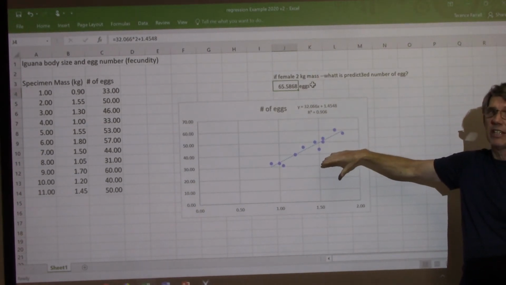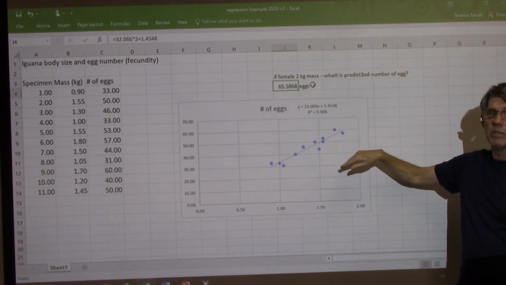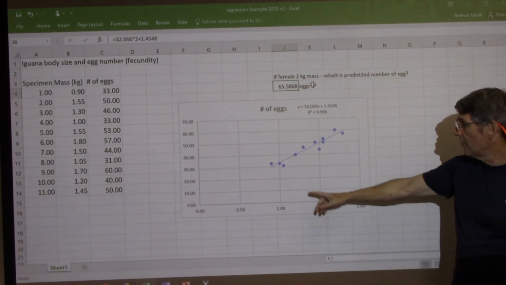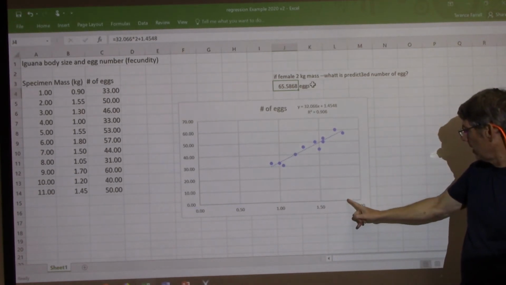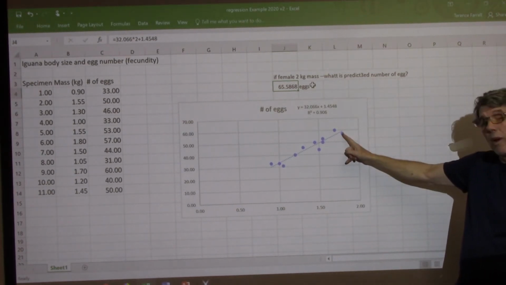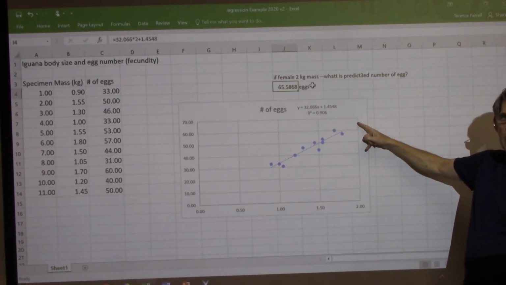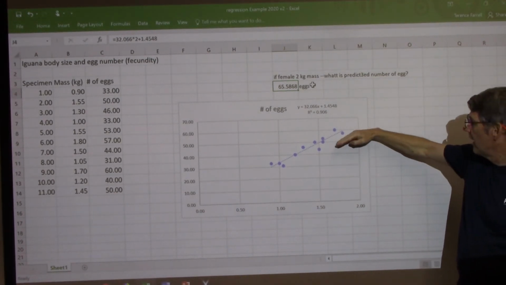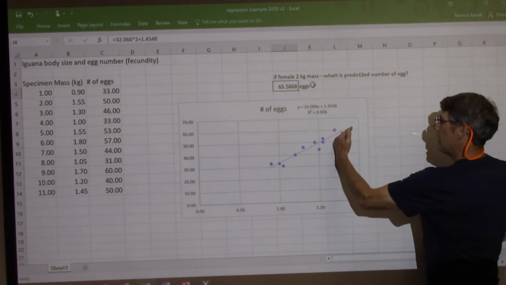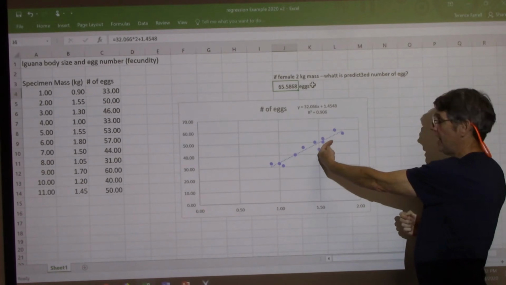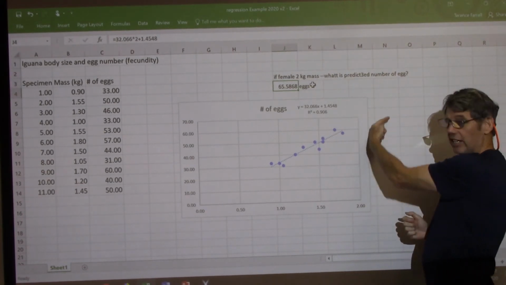But a third thing that's really important is, are you extrapolating beyond the bounds of your data? Our data run from right around 1 kilogram to about 1.7 or 1.8 kilograms. At 2 kilograms, we're extrapolating beyond the bounds of our data. And maybe this line flattens out, maybe it curves upwards. We're assuming, without any data, that it continues in a nice linear fashion.